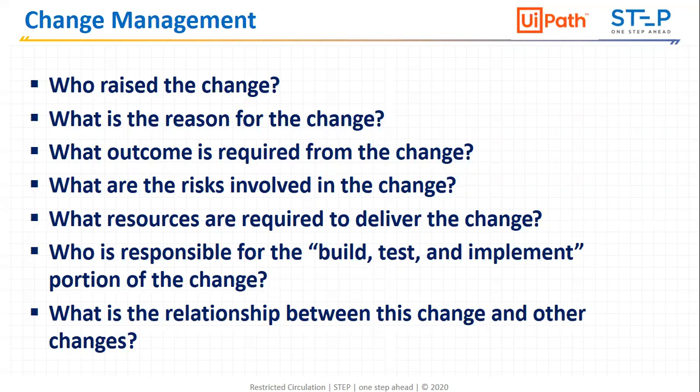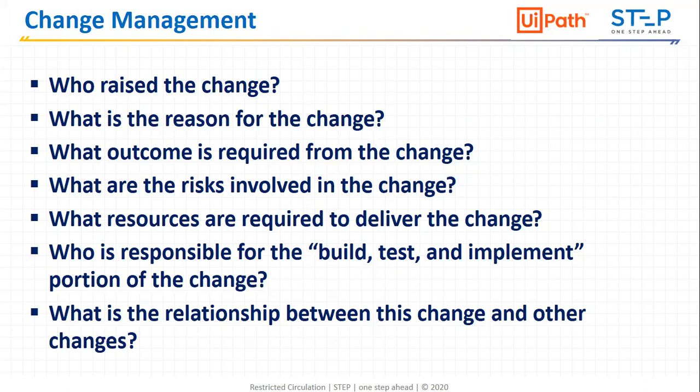Then, what are the risks involved in that change? Suppose after that change all 1,000 test cases in the regression suite are going to be impacted, then definitely there is a risk. So we need to see what the impact is and where the impact is. In the requirement traceability matrix, we need to see how many test cases are impacted because of that change, and how many use cases, user journeys and end-to-end journeys are impacted.